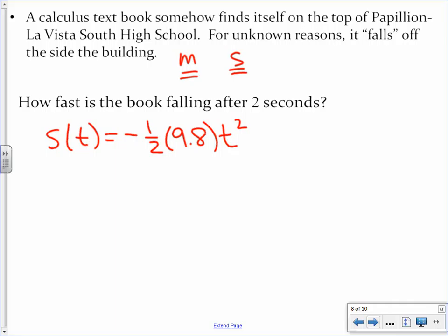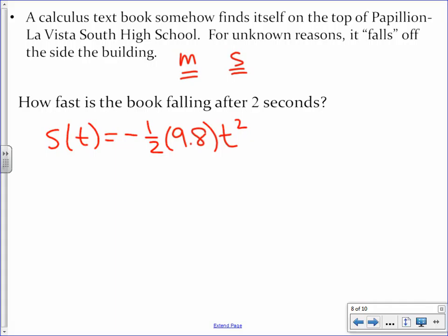If something is just falling, does it have initial velocity? No. Do we know how high the building is? We don't really care. We can say that the top of the building is our height 0, and we can figure out everything else from there. So we're just going to keep it as this, okay?